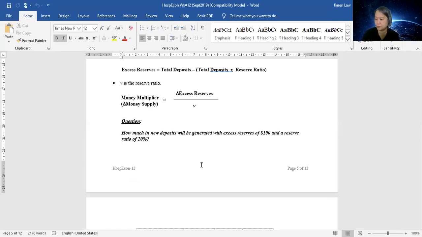So you're getting your reserve ratio already. That means you don't actually need to figure out how much you need to take out. You can just plug it into the money multiplier formula and figure it out there without having to take anything else out. So let's work on that and figure that out.